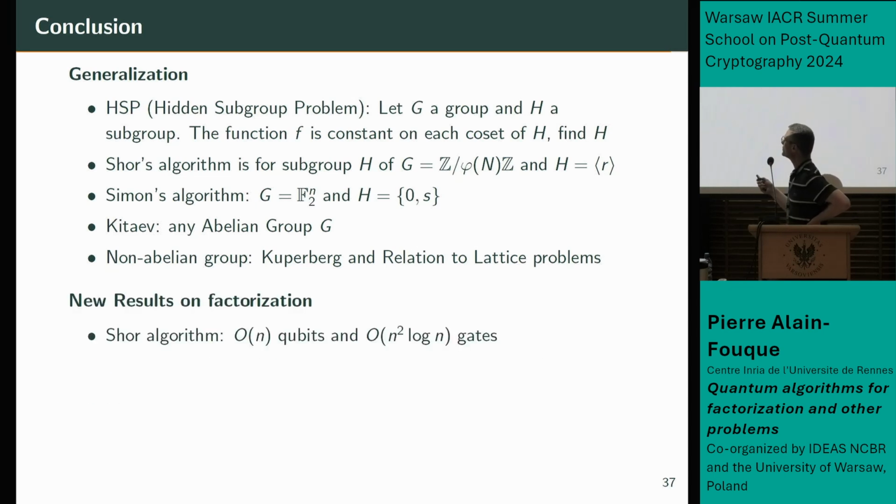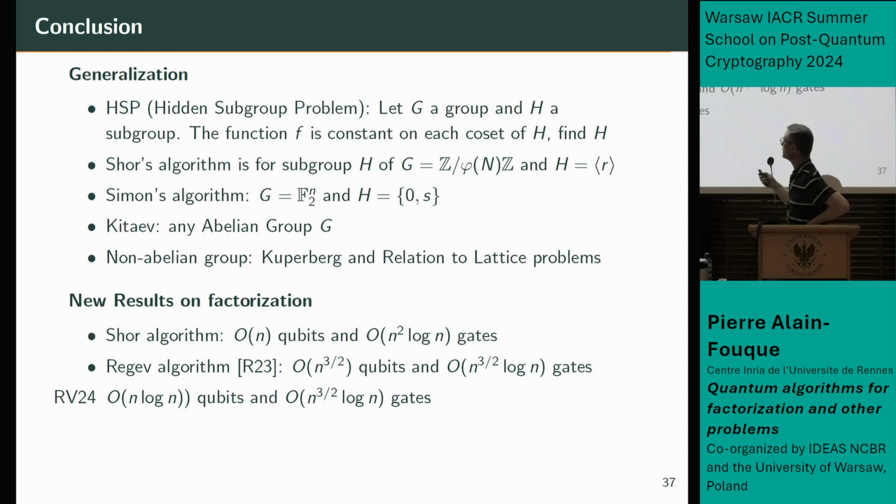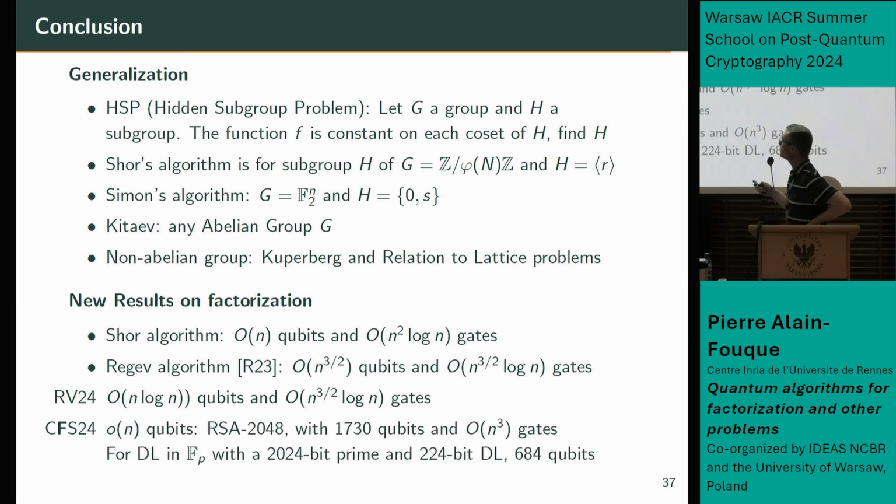Okay, so there were a lot of recent results on factorization. Shor dates back to 1994. So this is a very nice algorithm. But last year, Oded Regev described some different algorithms that allow us to reduce the number of gates by a square root of n.